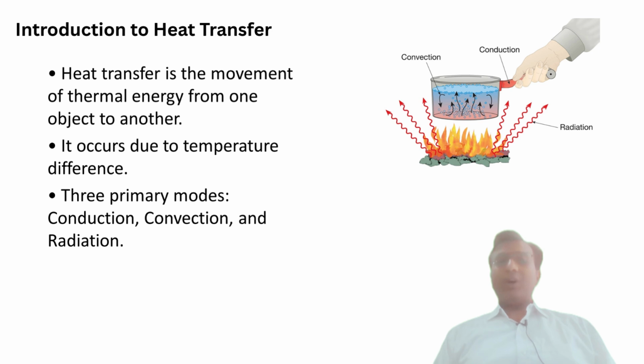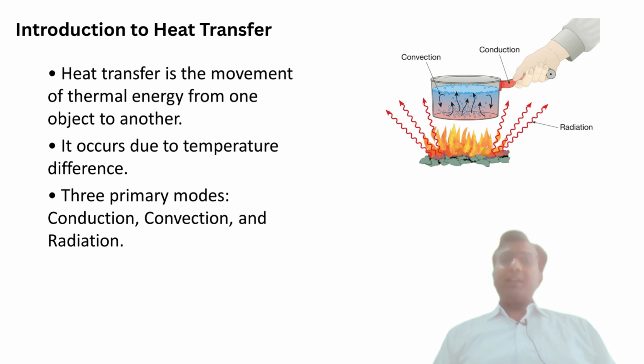Think of a hot pan on a stove. The heat moves from the burner to the pan because the burner is hotter. And this process is universal, occurring in nature and technology alike.